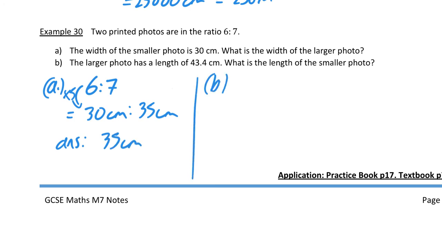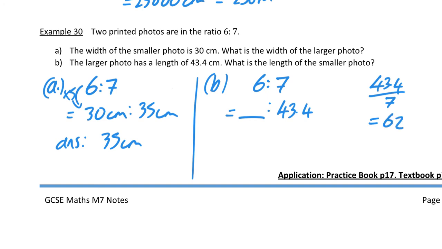For part B, it says a larger photo has a length of 43.4 centimeters. What is the length of the smaller one? So again, 6:7 is a ratio, and we knew 43.4 was the length of the bigger one, so we want to find the smaller. So if you did on your calculator 43.4 divided by 7, what it would give you is 6.2.